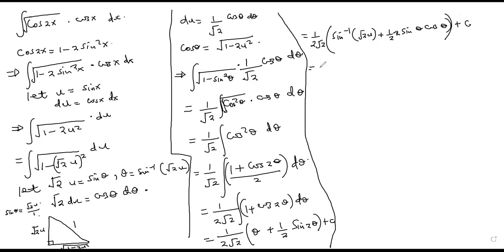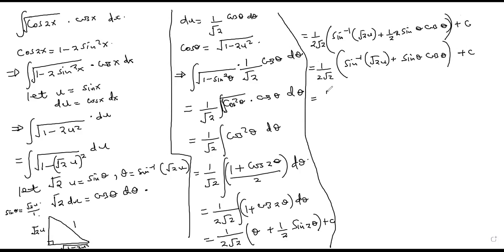So this is 1 over 2 root 2, then sine inverse of root 2u plus, of course, this will cancel with the 2, so we shall have sine theta cos theta, all right? Then, of course, plus a constant of integration.